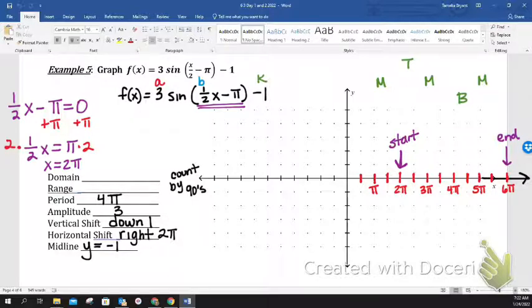Because I'm going to start it on the midline. Okay, so sine starts at the midline, and where is the midline? The midline is what? I didn't hear you guys. All right, so I'm going to start this at -1. So where I'm at 2 pi, go ahead and put a point at -1.